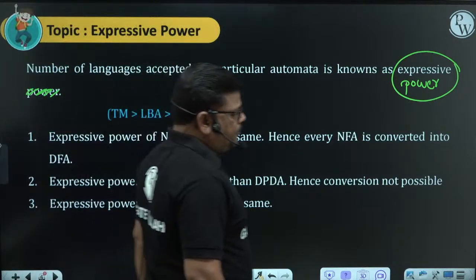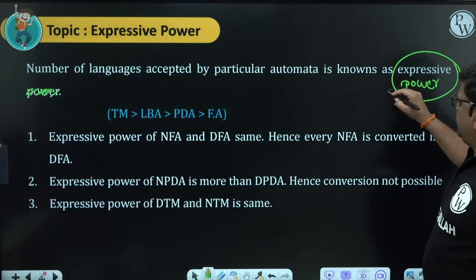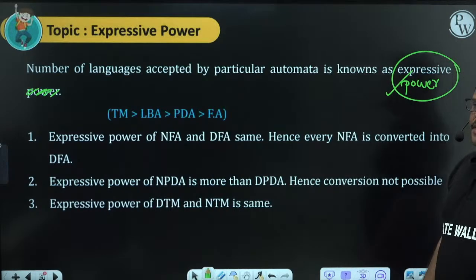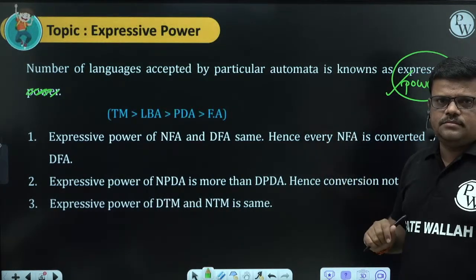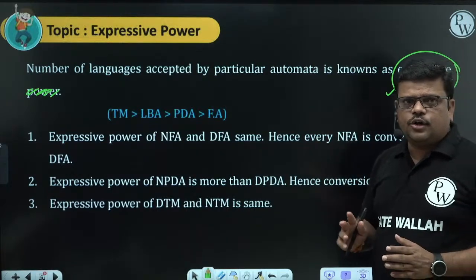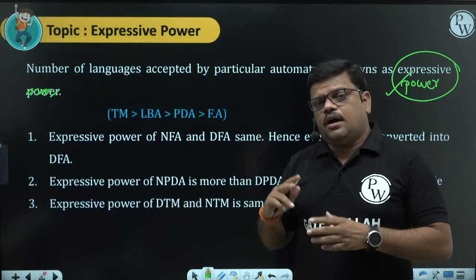So expressive power is nothing but the number of languages accepted by a particular automaton. If Automata 1 is accepting 5 languages and Automata 2 is accepting 10 languages, then the expressive power of Automata 2 is more.